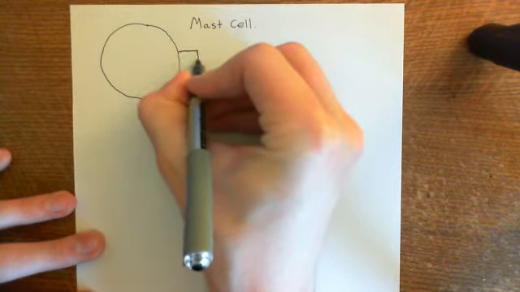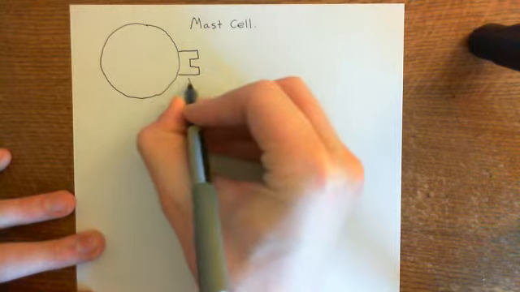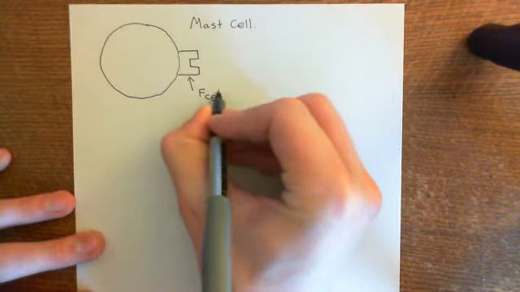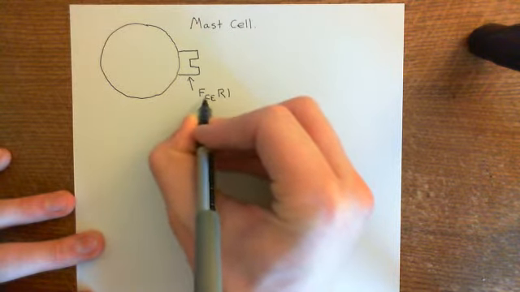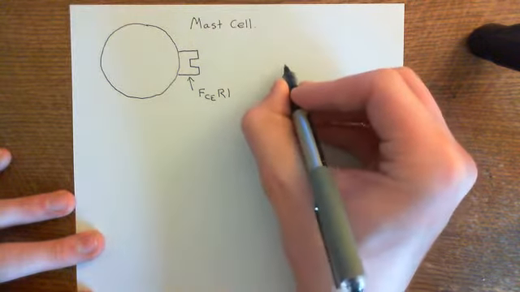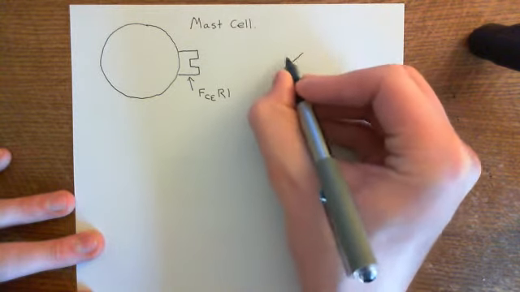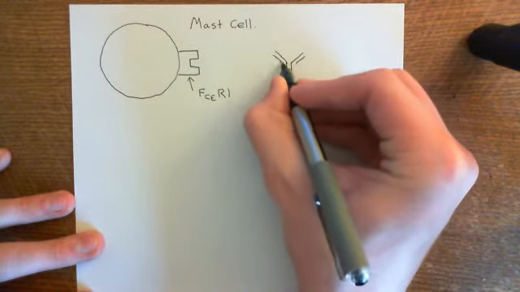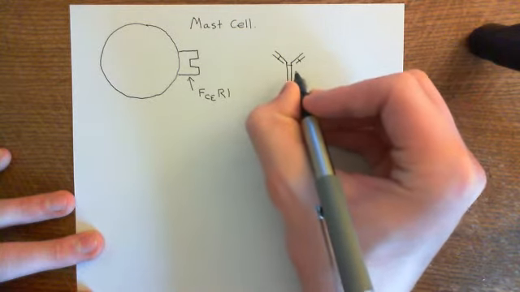Now, on the surface of mast cells is a receptor known as the Fc epsilon R1. This means the fragment crystallizable epsilon, so it refers to the constant region of an IgE molecule. Remember, immunoglobulin molecules' constant regions, or Fc regions, depend upon which constant region you used from the immunoglobulin heavy chain gene.